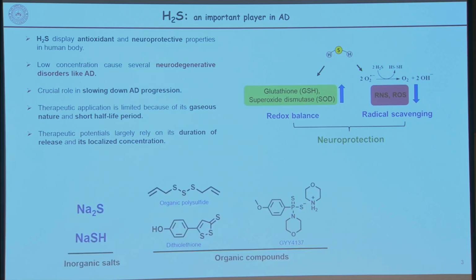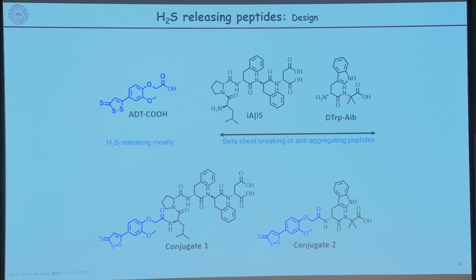So several inorganic salts and small organic molecules were developed by scientists to deliver hydrogen sulfide from an exogenous source. But with these molecules it is not possible to deliver hydrogen sulfide in a controlled manner.